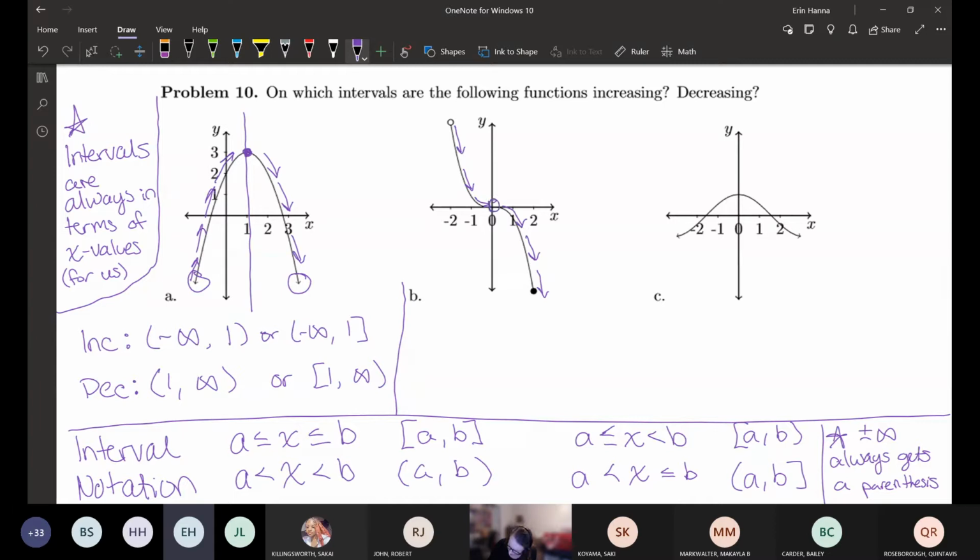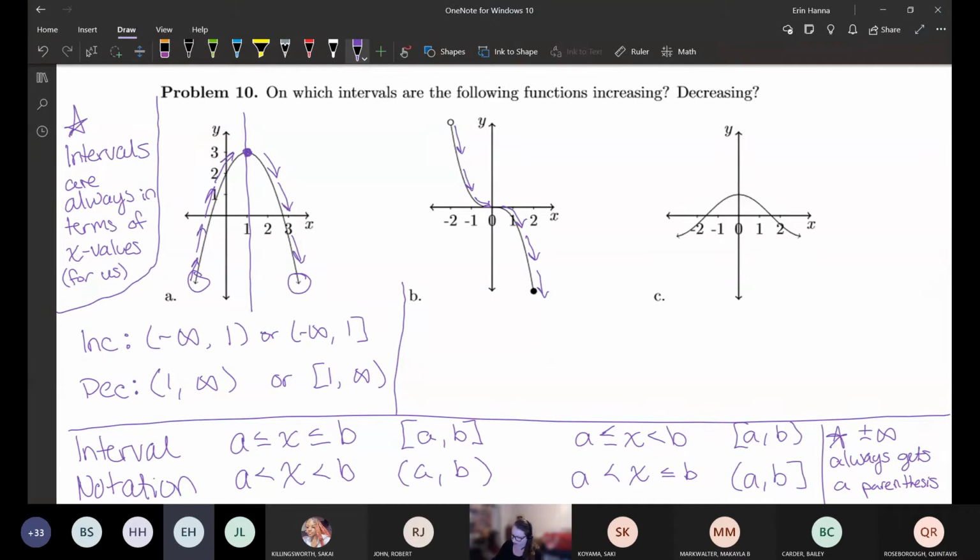Now, you could try to argue that it's constant at that point right there because it kind of slopes off and kind of looks like it would be straight right there and then continues going down. But again, saying something is constant or increasing or decreasing at a singular point makes no sense. So we're just going to say that this is decreasing everywhere. Everywhere that this function exists, I should be clear.